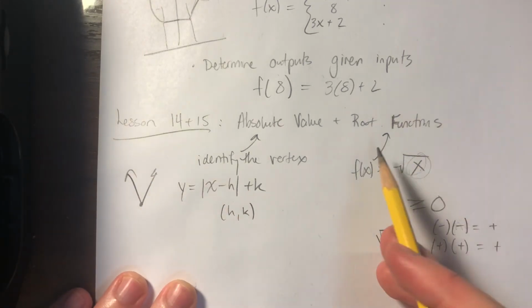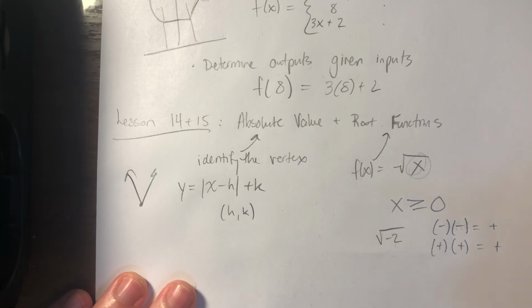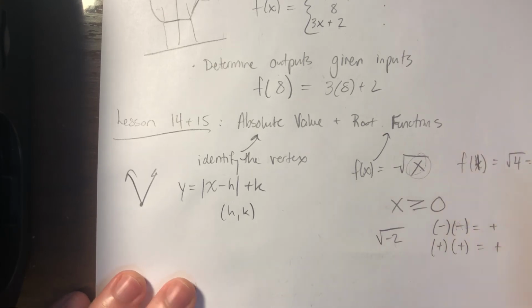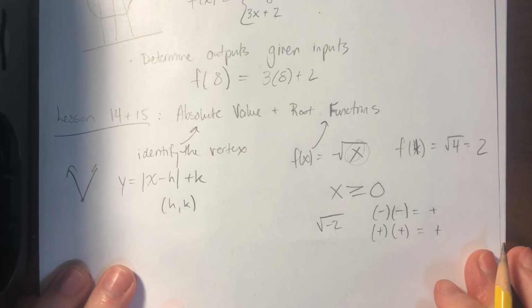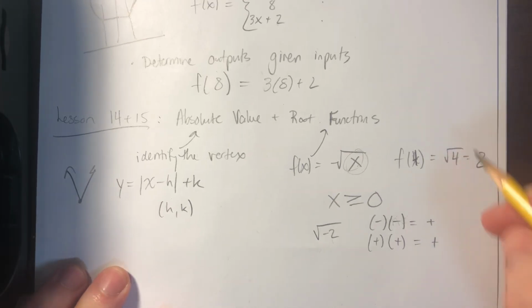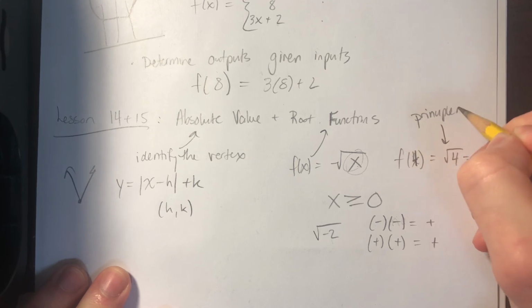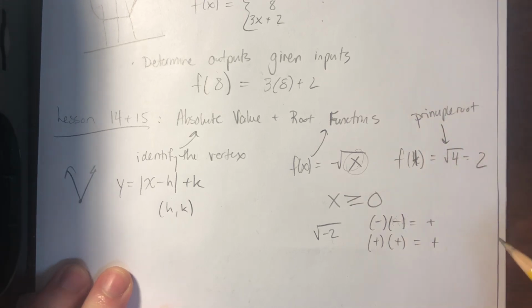So be able to identify these functions and evaluate them. If I say, what's f of 4, you should be able to tell me what the square root of 4 is. That's equal to 2. Remember, this is a principal root, meaning it must be positive.